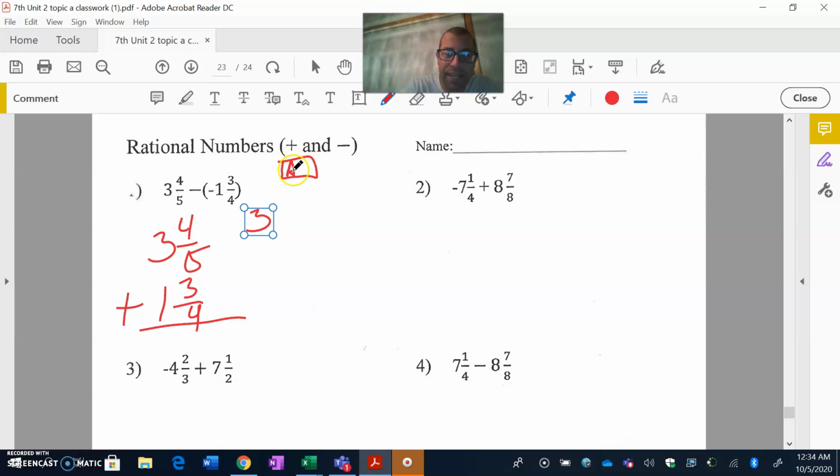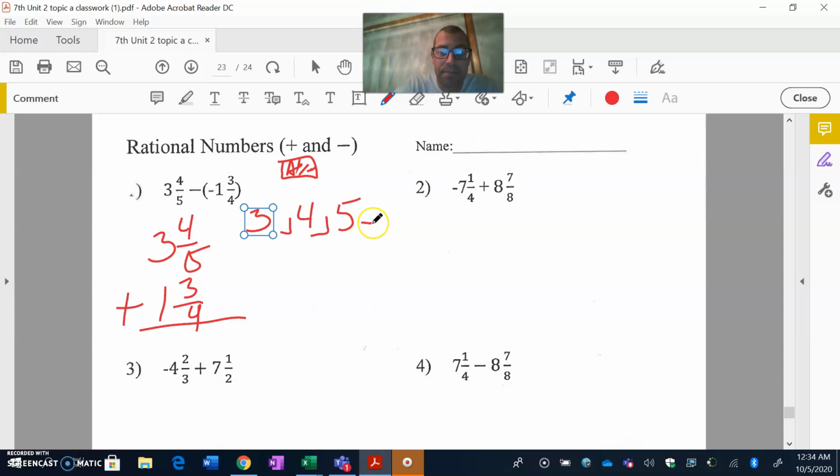Remember, it's the A, the B, and then the C. What should happen is you should get a little backwards L. That tells the calculator you're writing a fraction and you're ready to move on to the next part of it. So then a 4, and then ABC, and then a 5. That's how you type in 3 4/5.